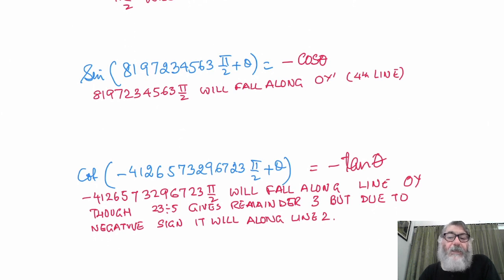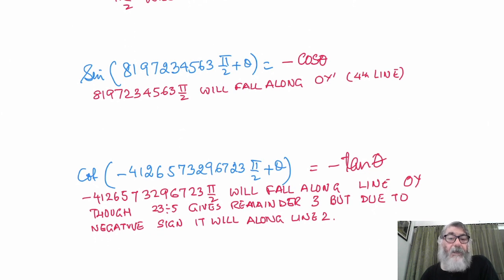But if the sign is negative, then the roles of the remainders will reverse. That means if remainder comes 1 with a negative sign, it will fall along line OY dash, and if the remainder is 3, it will fall along line OY, that is line 2. So here the remainder is coming 3 when we divide by 4, but because the negative sign is there, it will fall along line 1.